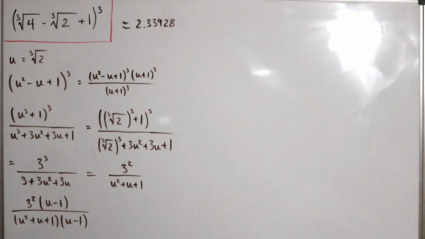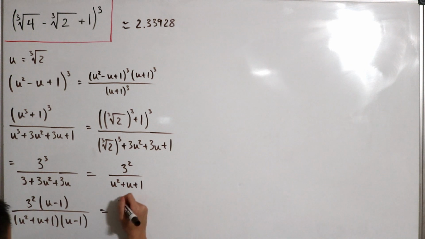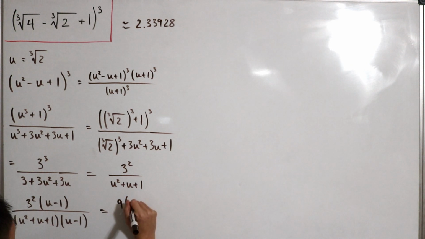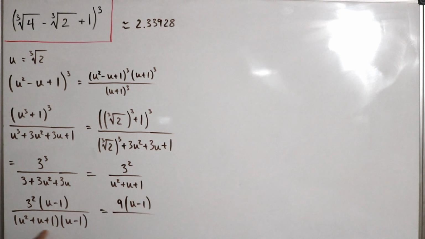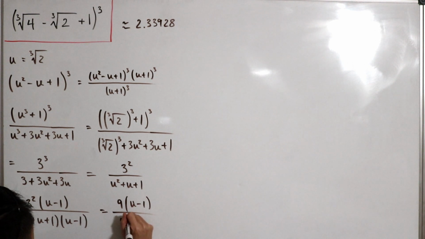Then I can explicitly expand this out. That'll just be 9 times u minus 1. Then expand the denominator. Obviously you can see this is just the necessary multiplication. This is u cubed subtract 1.